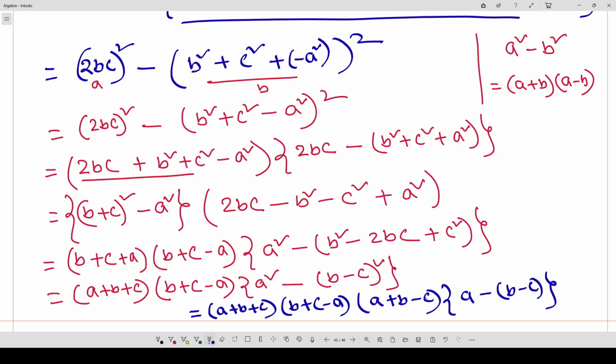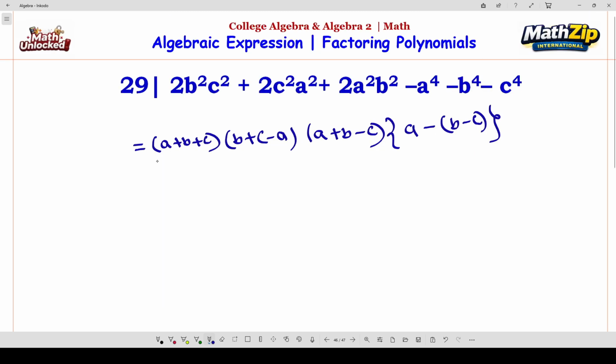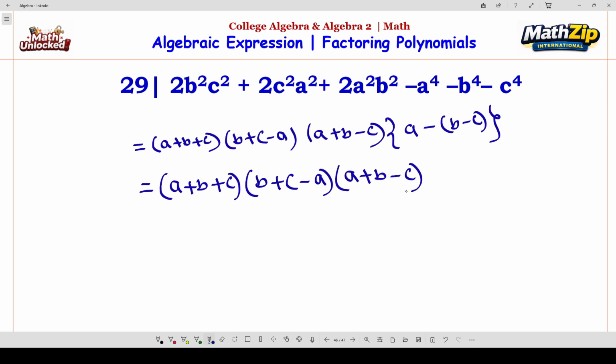So we need more lines. So now we can finally complete this one: (a + b + c)(b + c − a)(a + b − c), and finally (a − b + c). There are lots of combinations, and this is our ultimate answer.